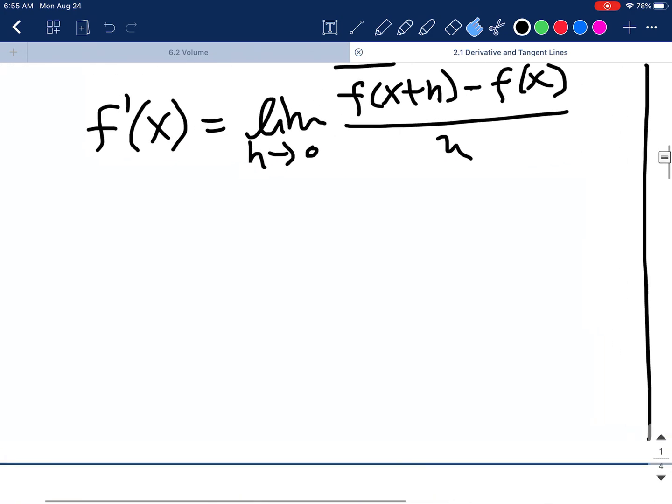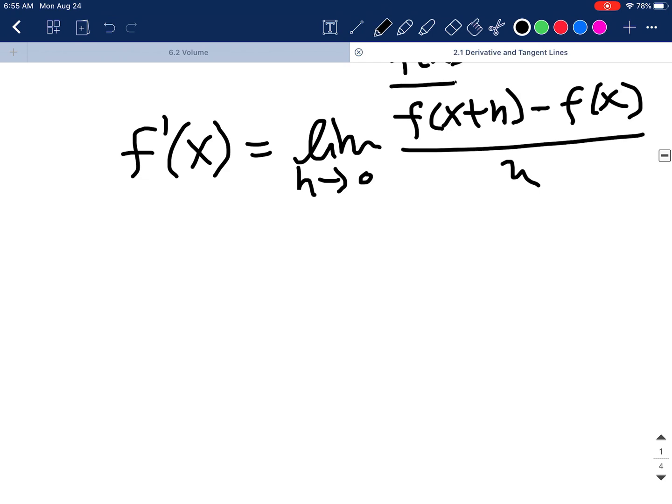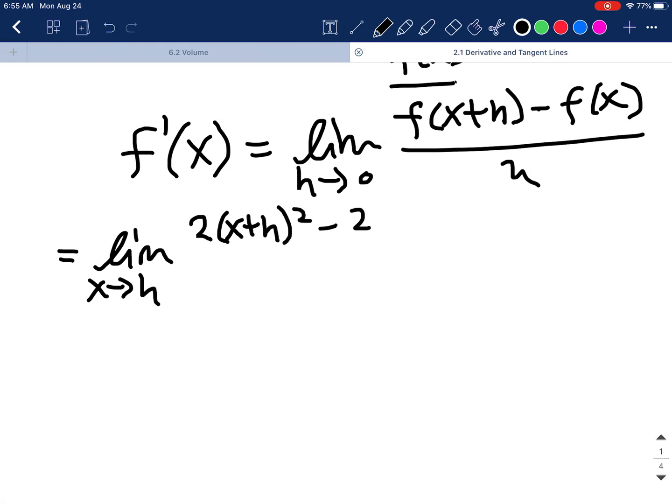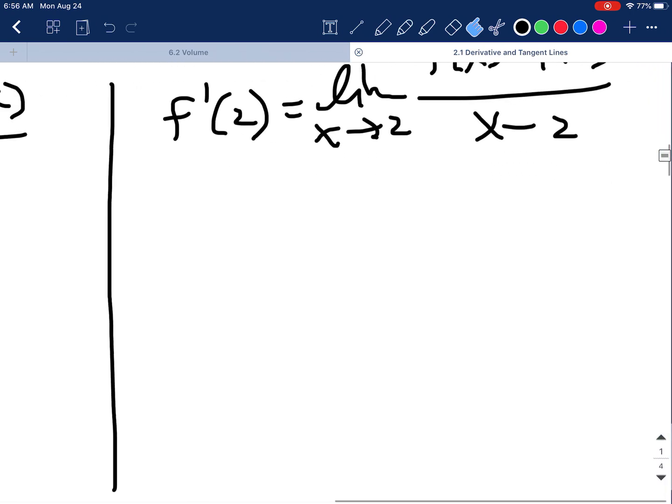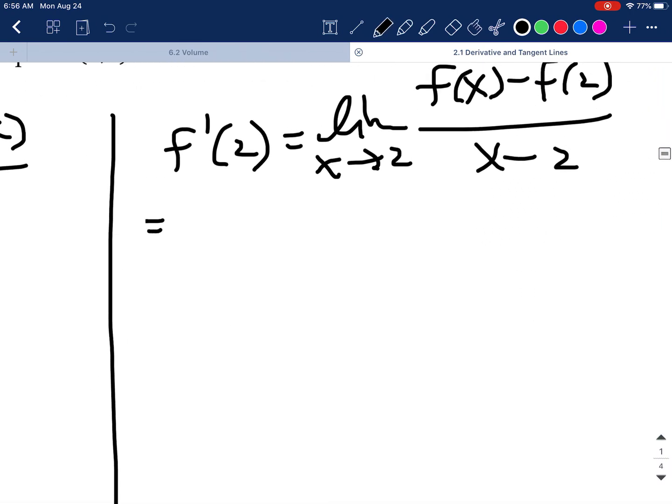Okay, so if we want to use the first definition, we're going to get the limit as h approaches 0 of 2 times (x plus h) squared minus 2x squared all over h. And if we use the second definition, it's going to equal the limit as x goes to 2 of 2x squared plus 1.